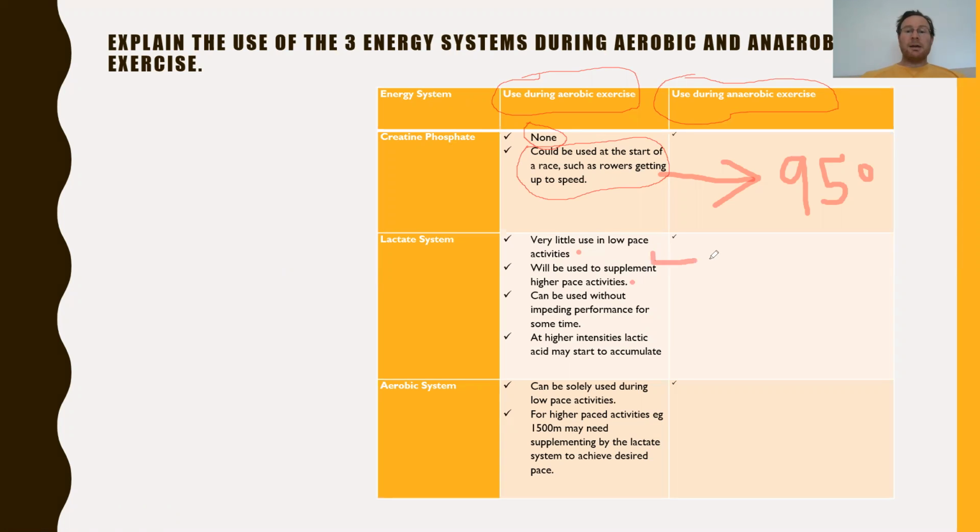In the same way, on the anaerobic side, it's going to dominate in many anaerobic activities lasting up to 1.5 minutes of maximal or very high intensity exercise. And you can give some examples of the sort of activities that means.